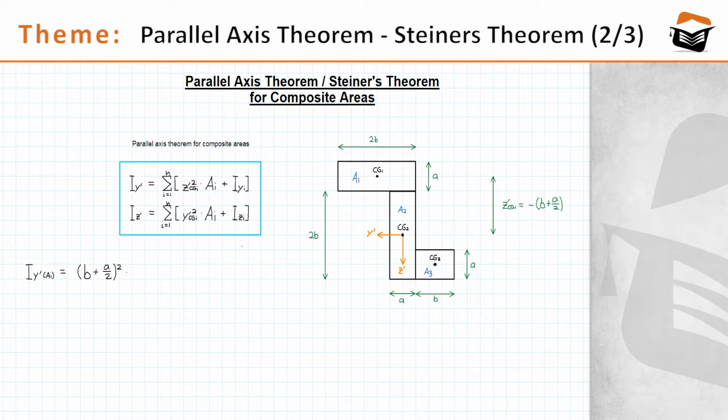It's 2b times a, so nothing to worry about. 2b times a, and this term I sub yi, that is the area moment of inertia of the first partial rectangle, given that the reference axis is the centroidal axis, as we discussed in the first video of this series.